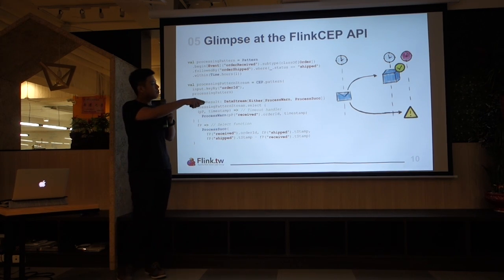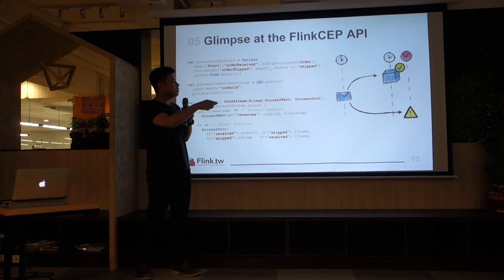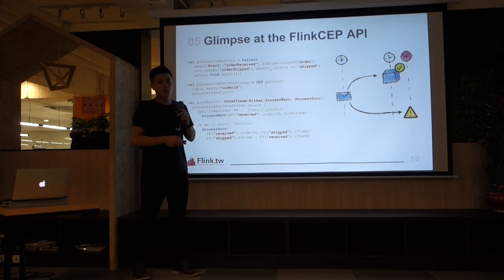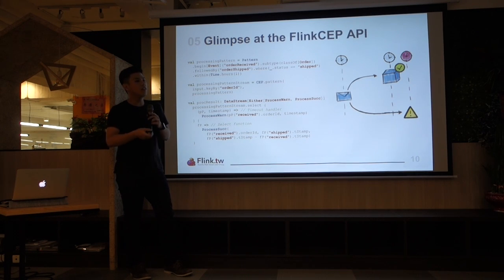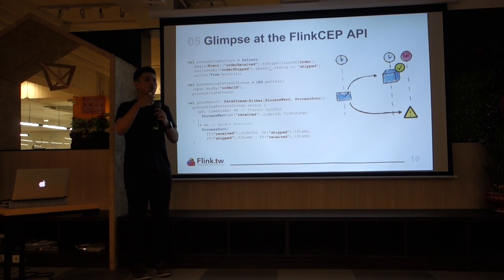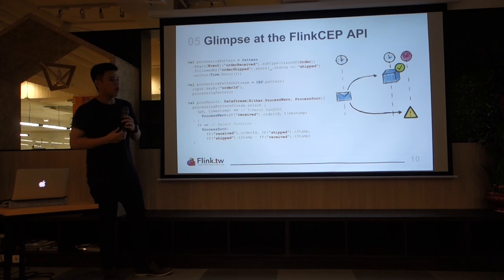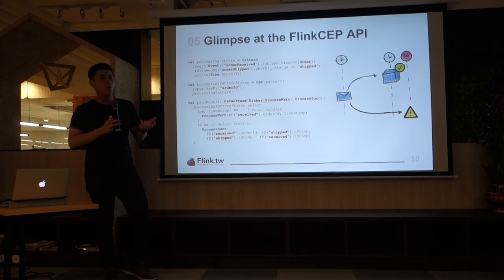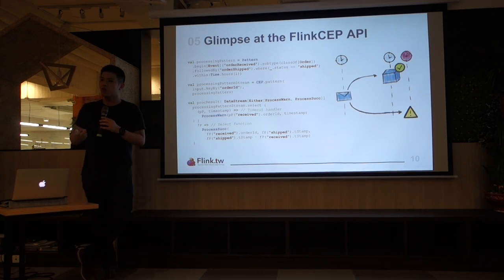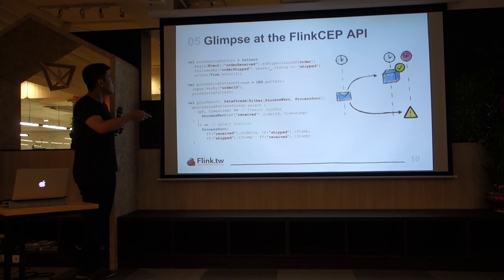We have a process order shipped event, and if within an hour we receive the order delivered event, then we'll generate a process succeed event. If after an hour we still don't receive the order delivered event, that means something went wrong with the shipping. So we want to generate an event to do this warning.